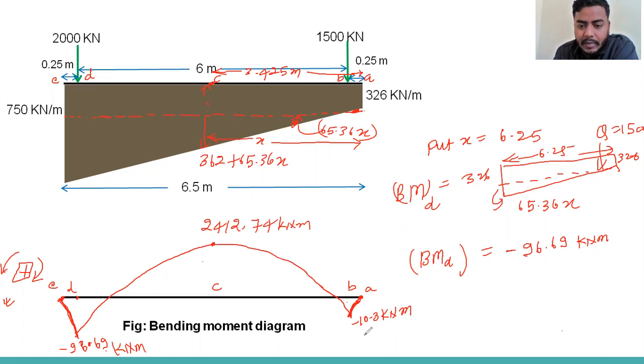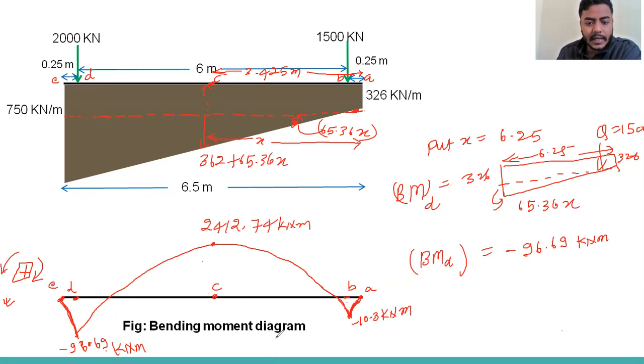You can see there is a local minimum for this curve at point B. Here is the maximum bending moment at point C. So you can see at these points B, C, and D, there is either a maximum or minimum bending moment, because the shear force is 0 at points B, C, and D.